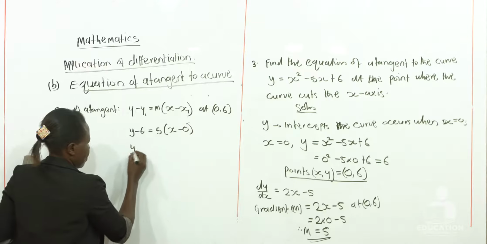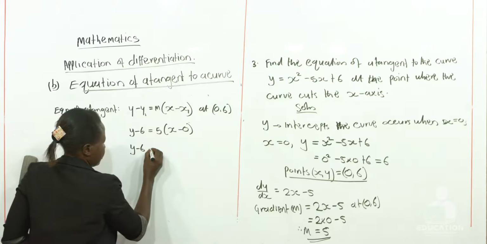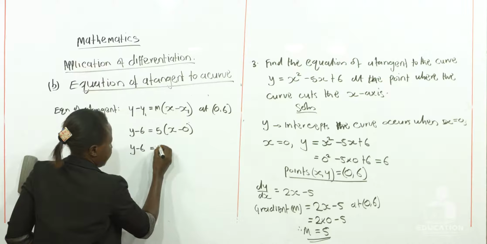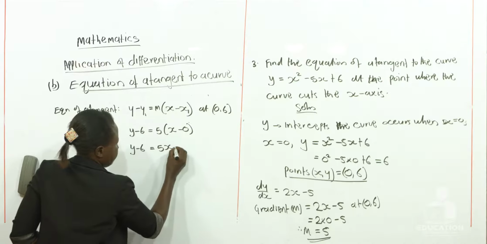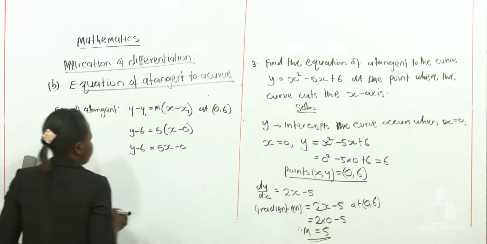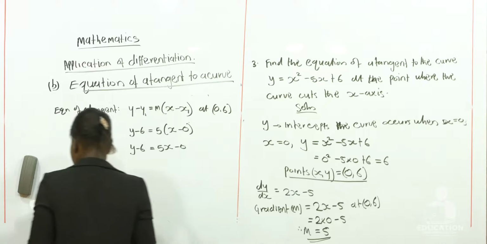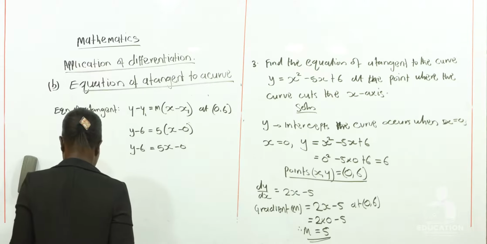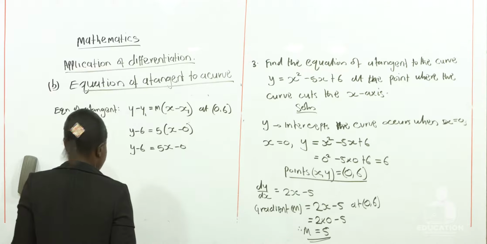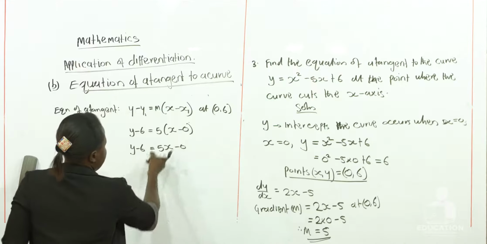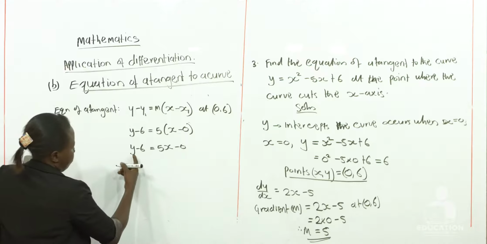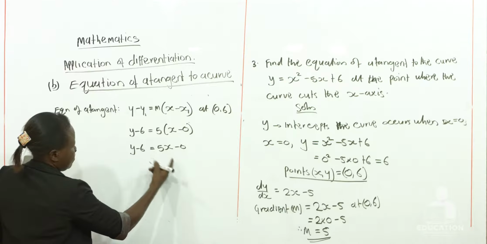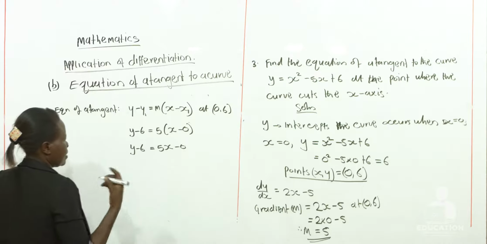So this will be y minus 6 equals 5x minus 0. So 5x, we can now form our equation, which will be y minus 6 equals 5x minus 6.